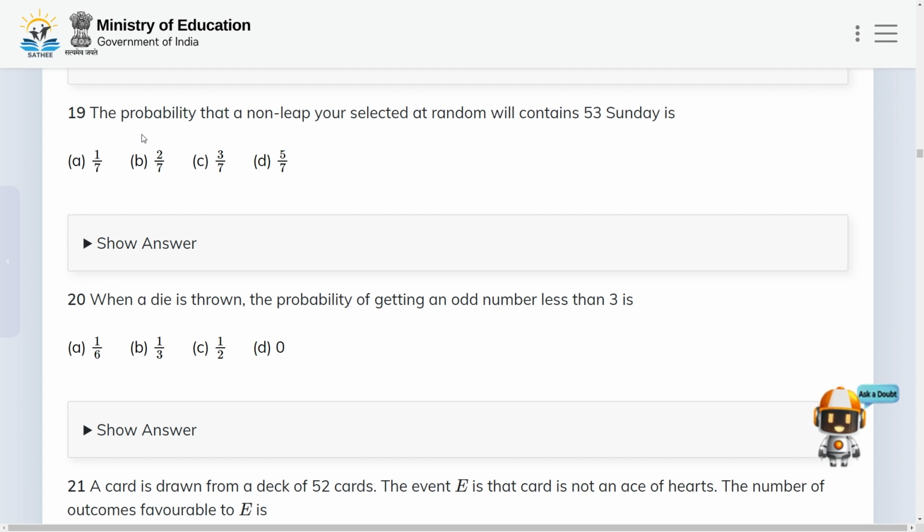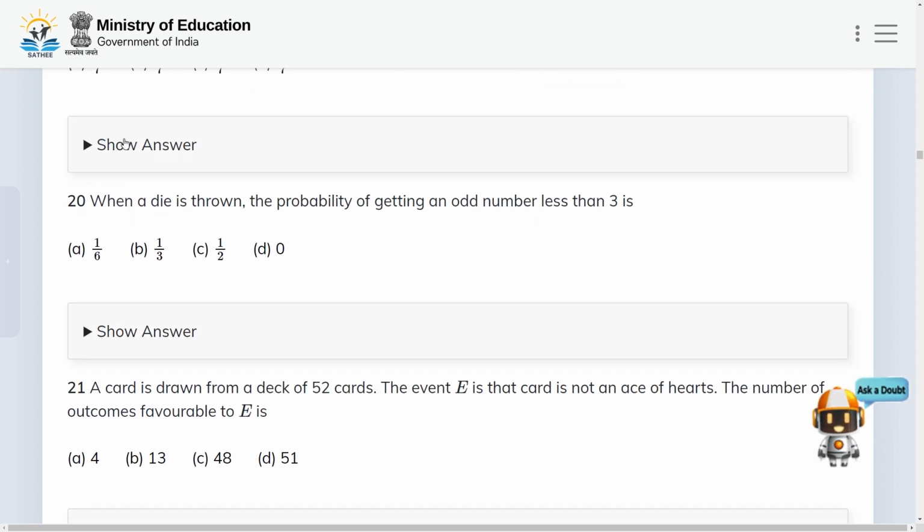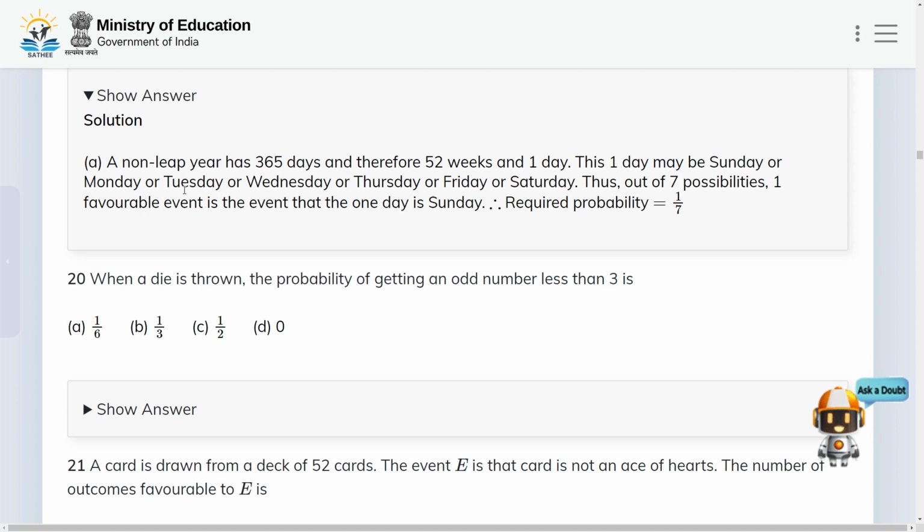So in next problem, here we have the probability that a non-leap year selected at random will contain 53 Sundays is what? A non-leap year has 365 days and therefore 52 weeks and 1 day. This 1 day may be Sunday or Monday or Tuesday or Wednesday or Thursday or Friday or Saturday, and thus out of 7 possibilities, one favorable event is the event that the one day is Sunday.